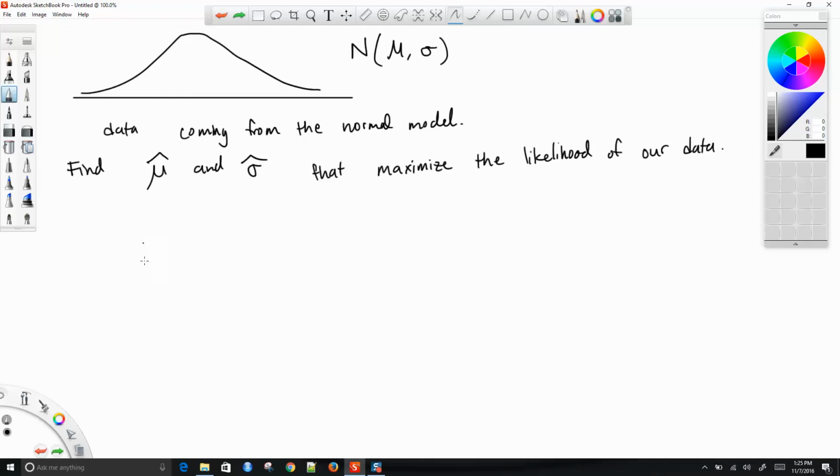Our likelihood of the data is going to be the product of the density of each data point, the probability density of each data point.